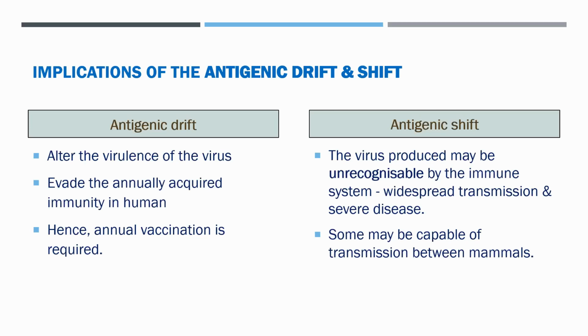The other significance of the antigenic drift is that it may result in the virus being unable to be recognized by the human immunity. We know that we acquire immunity either through natural infection or vaccination.